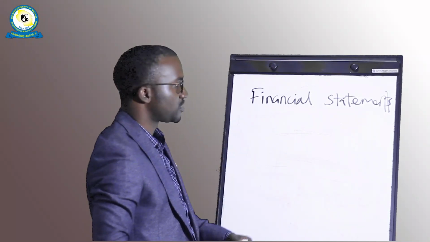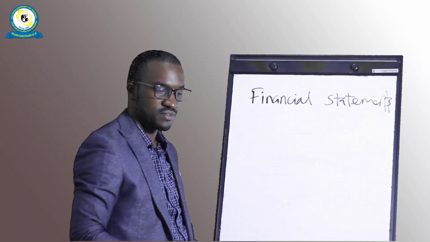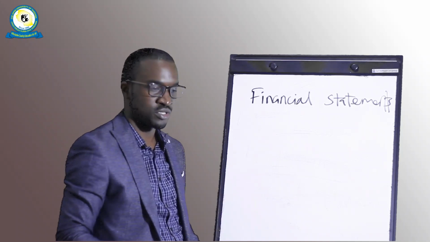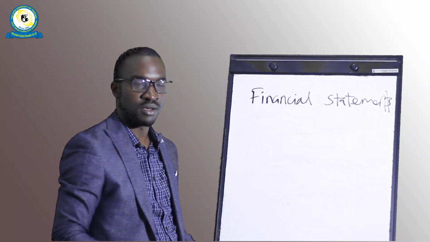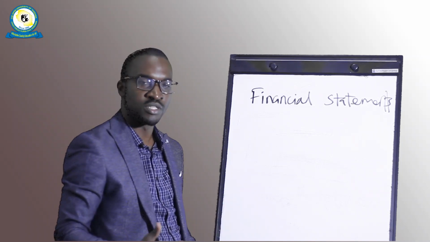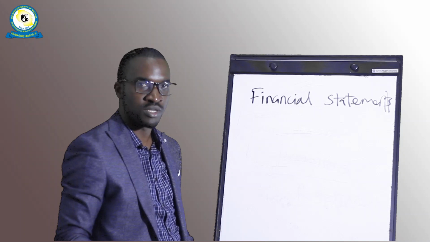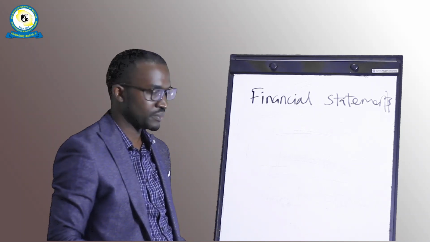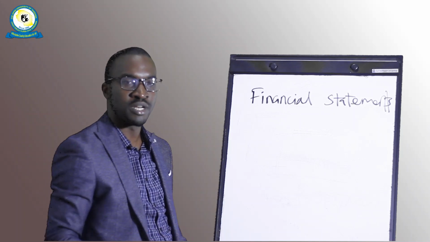You see, these financial statements give information, whereby a number of users need them. It depends: we have external users and internal users. External users, for example, are investors. Investors are those people who invested money into the company.